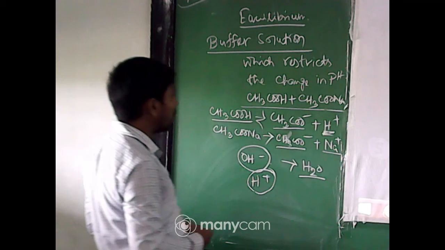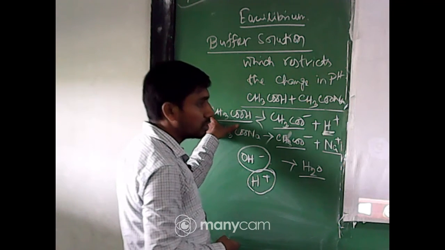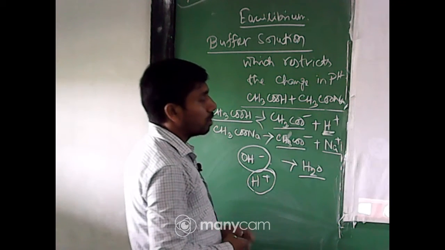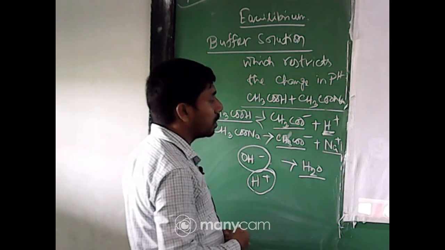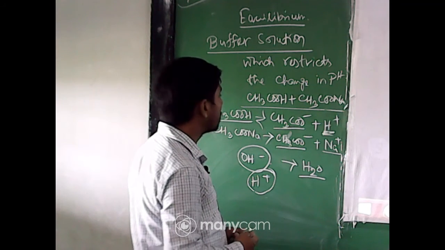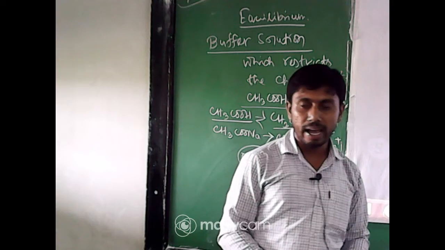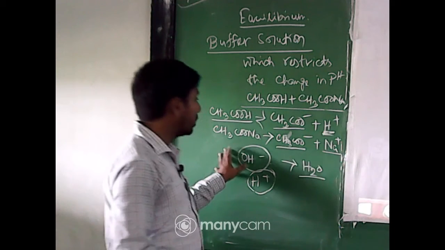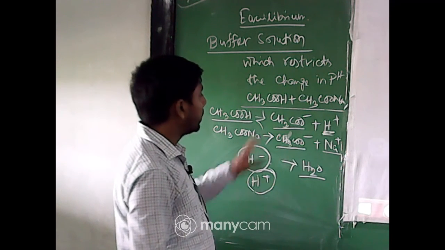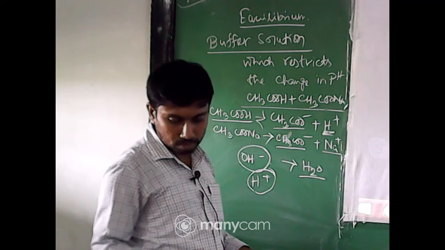As CH3COOH is a weak electrolyte, in this way it will restrict the pH. So these are the two aspects, that pH may change by adding base or adding acid, and this is how the buffer restricts the change.